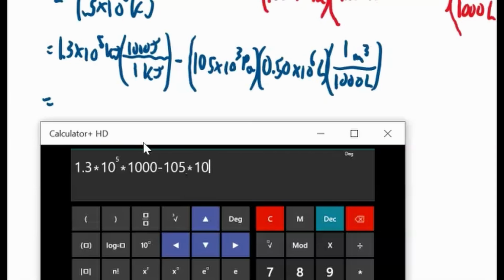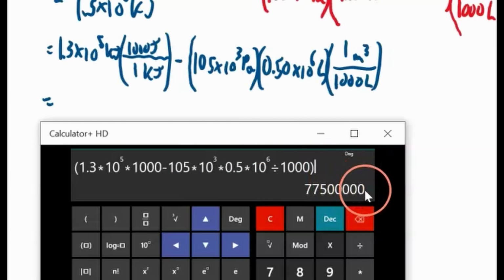That can be your saving grace for extra points if you can catch yourself. Times 0.5 times 10 to the power of 6 divided by 1,000. And did I do everything right? Just like to double check. If you have a one-line calculator, you can't really double check your work. I think that's fine. I don't see any problem with that.